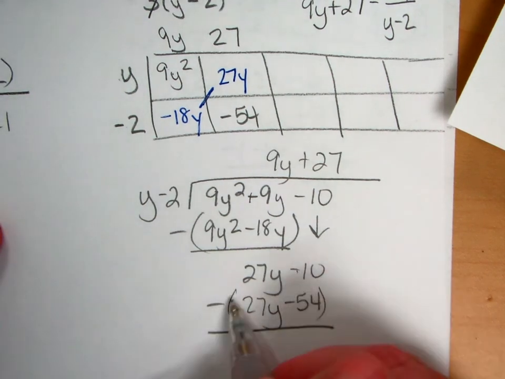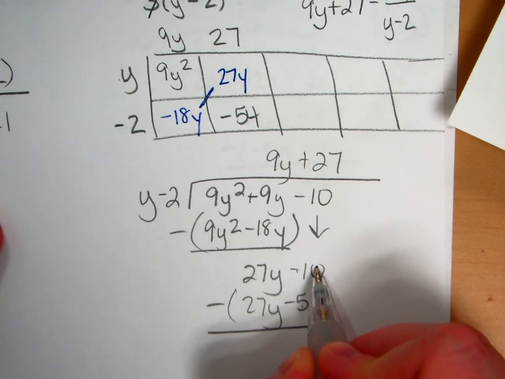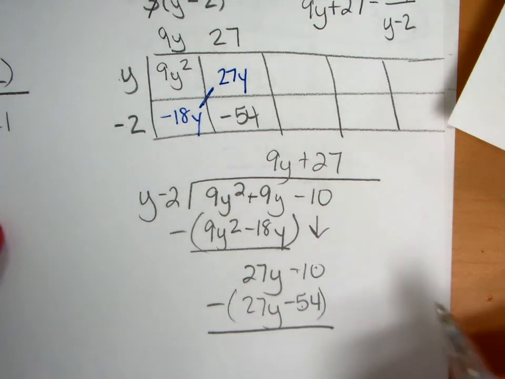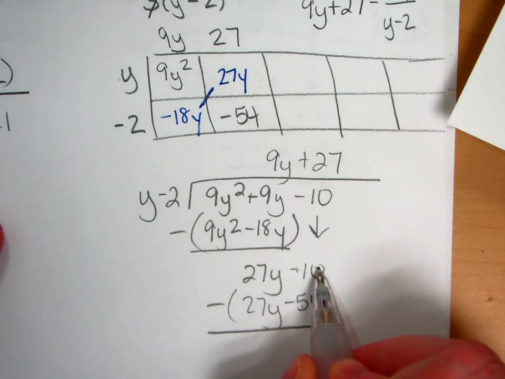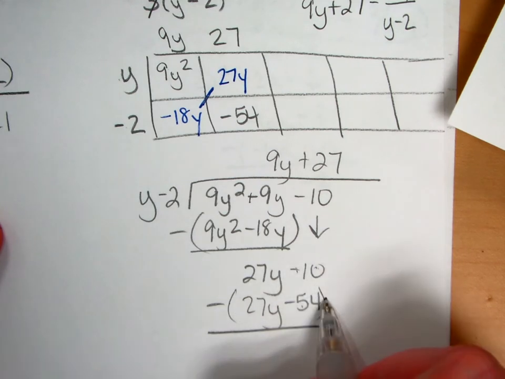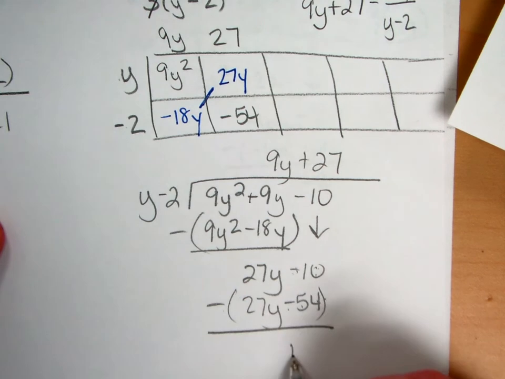Minus. Because this becomes minus 10. Negative 10 minus 54 becomes 44.